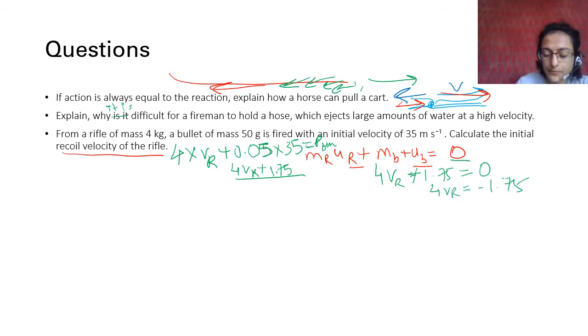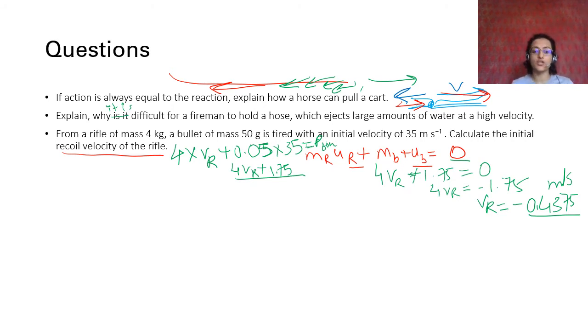Why is it minus? Because it is in the opposite direction. Okay. So 1.75 divided by 4 is minus 0.4375 meter per second. This is the initial recoil velocity of the rifle.